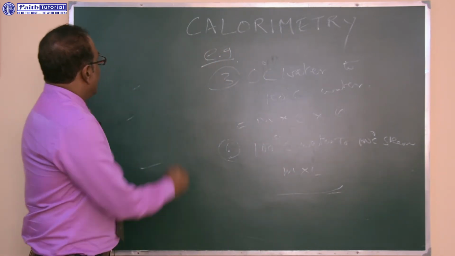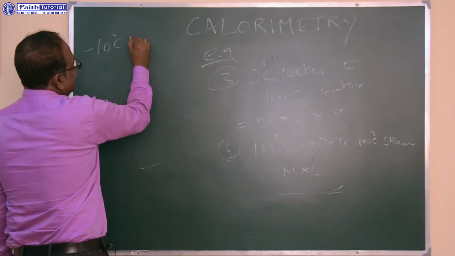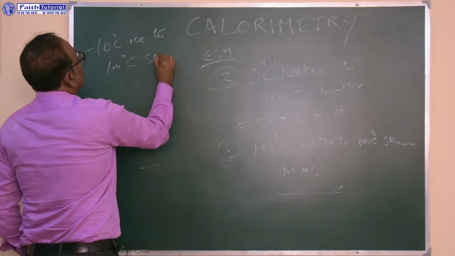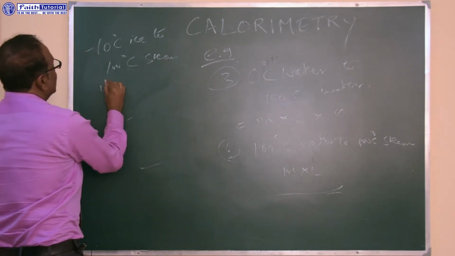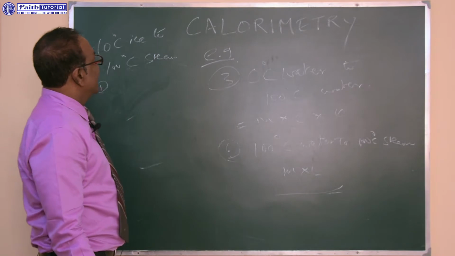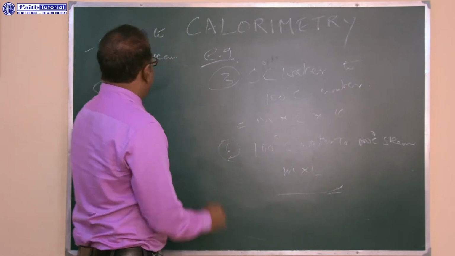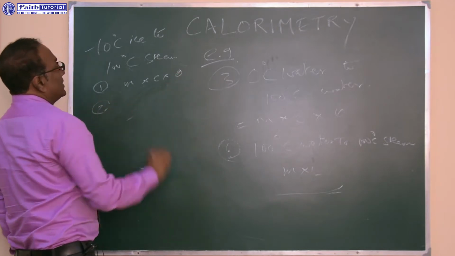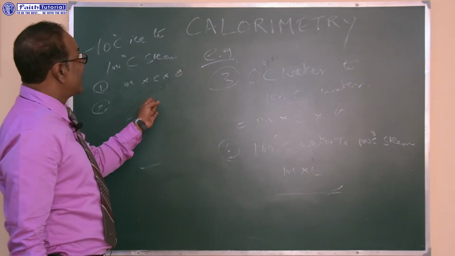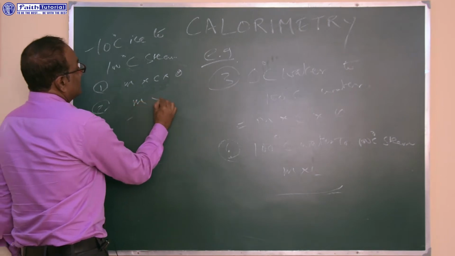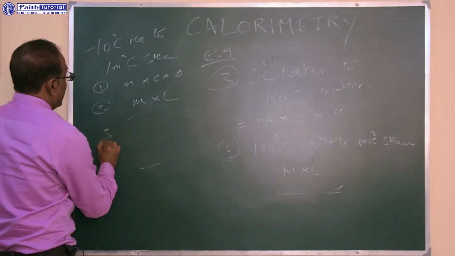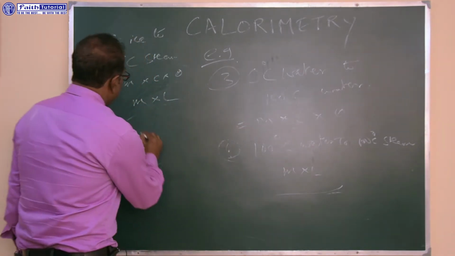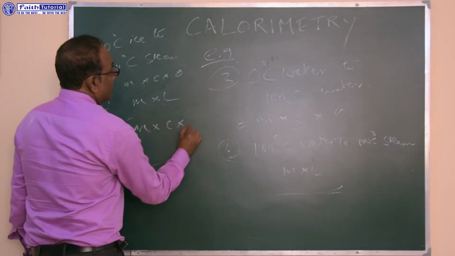So basically, minus 10 degrees centigrade ice to 100 degrees centigrade steam occurs in 4 steps. First, minus 10 degrees centigrade ice to 0 degree centigrade ice, that is m into C into theta. Number 2, 0 degree centigrade ice will convert to 0 degree centigrade water, that is m into L. Number 3, 0 degree centigrade water will convert into 100 degree centigrade water, that is m into C into theta.